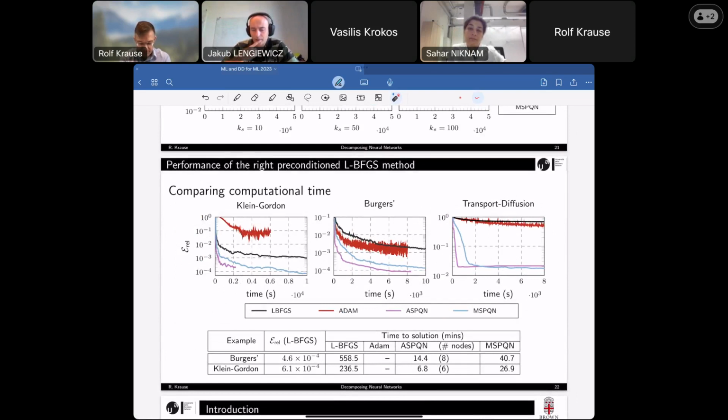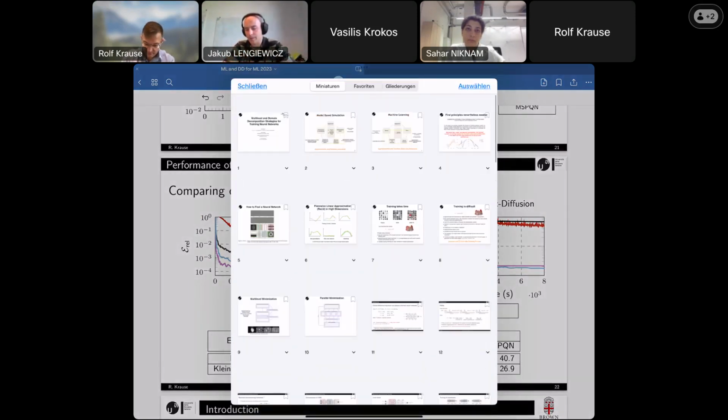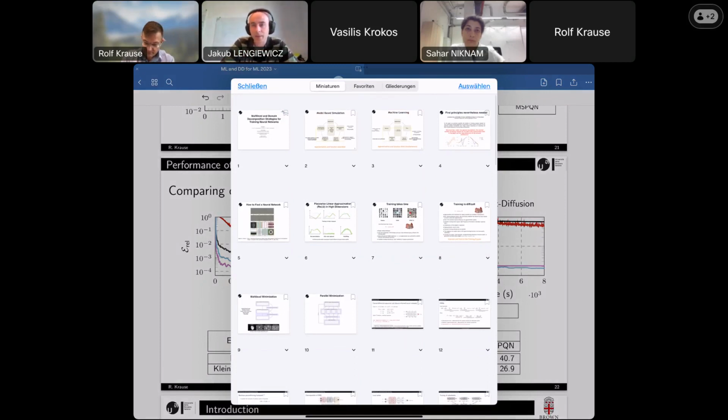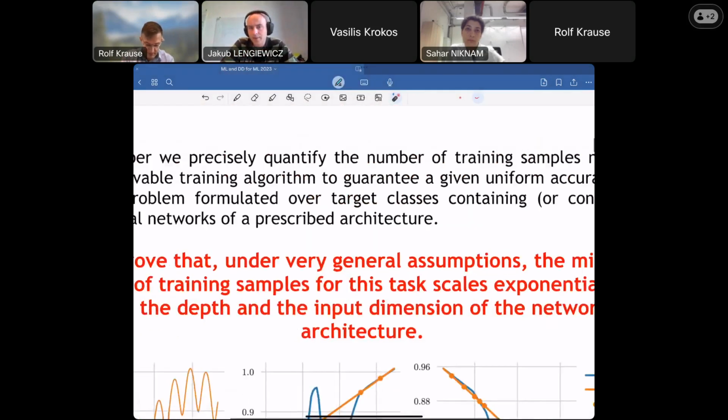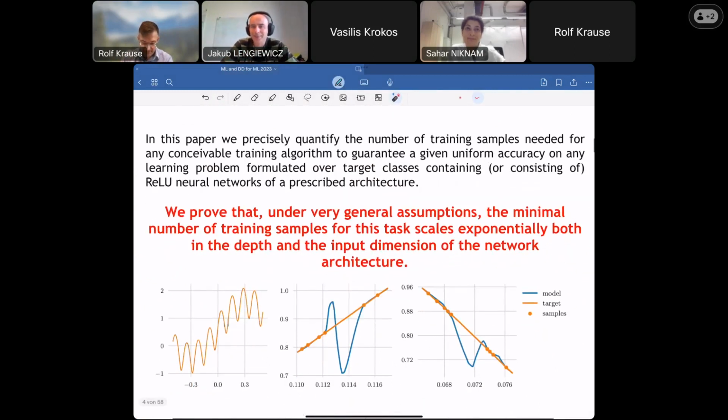When you mentioned that the necessary data to provide the proper training to your neural network scales exponentially with the dimension of the input, which is something natural to think about. But you also mentioned that it scales exponentially with respect to the depth of the neural network. That is what I was not thinking about before, and I would like to hear your thoughts on that in some more detail, if possible.